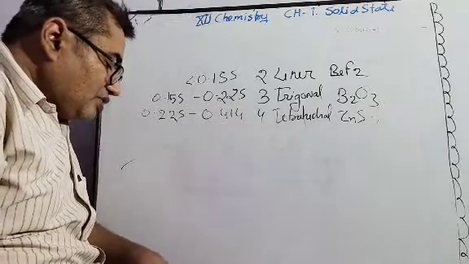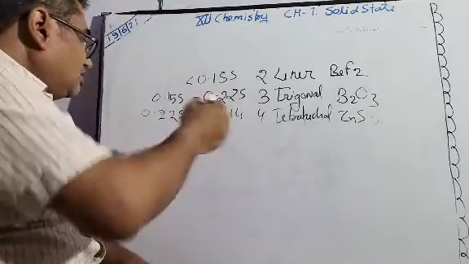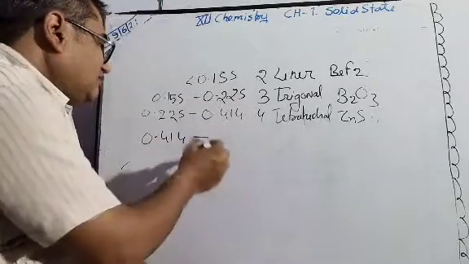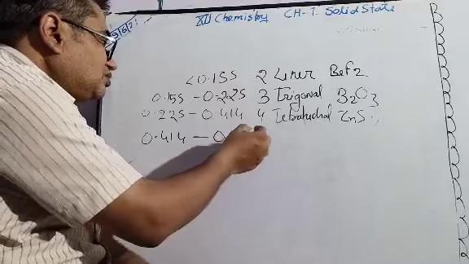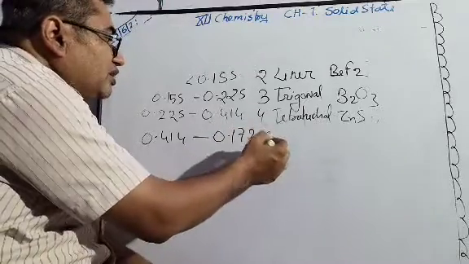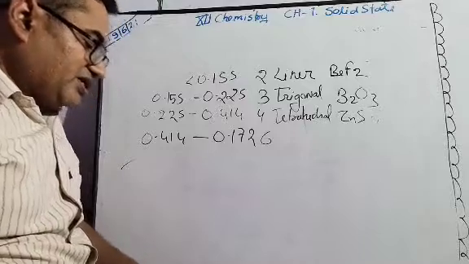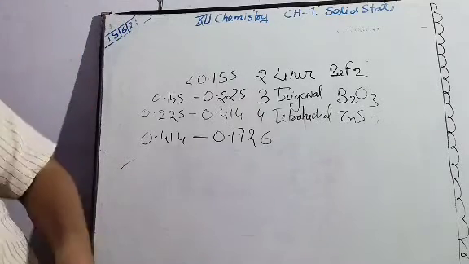So for the next ratio, 0.414 to 0.732, the coordination number is 6, and the shape will be octahedral.